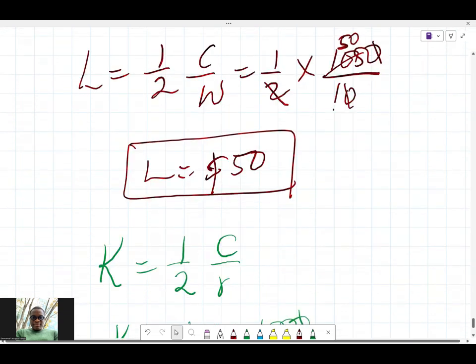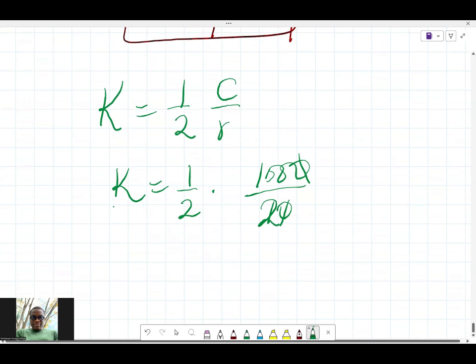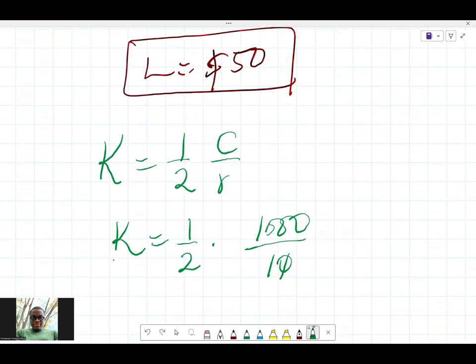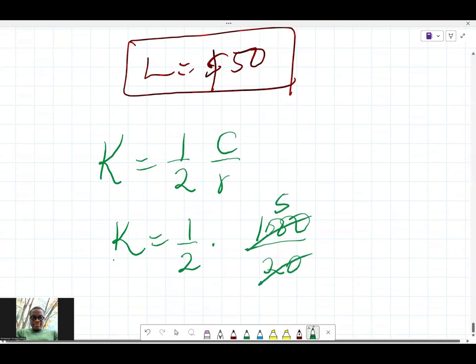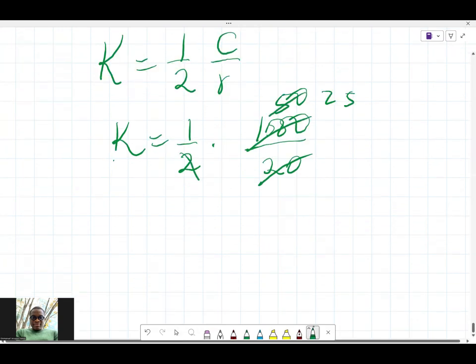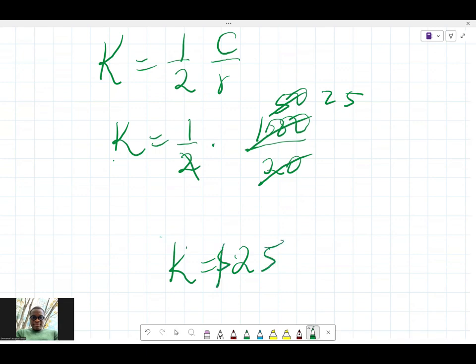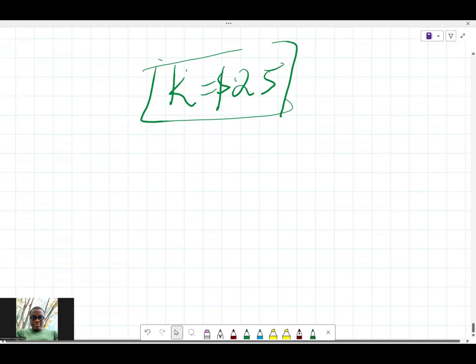R is 20, sorry, R is 20. So 20 here is 1, 20 here is 50, I believe. And 2 here is 1, 2 here is 25. So we see that the rent for the capital is $25, if that is what we are talking about. So with that now, we can go for our conclusion to this matter.